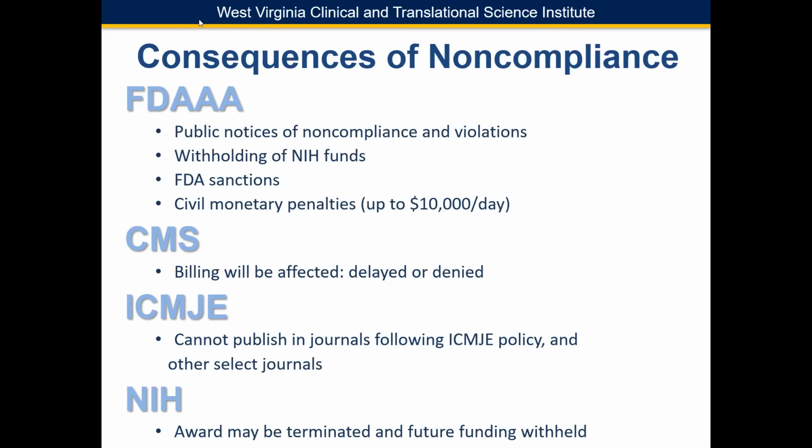Can I ask a question on that? Yes. Is it the institution that would be held liable or the individual? Who's the responsible party? Well, in this case, the institution, and they delegate to the PI. I think we would need to get clarification on that, but for the university, I would think it would go there, but I'm not 100% sure.